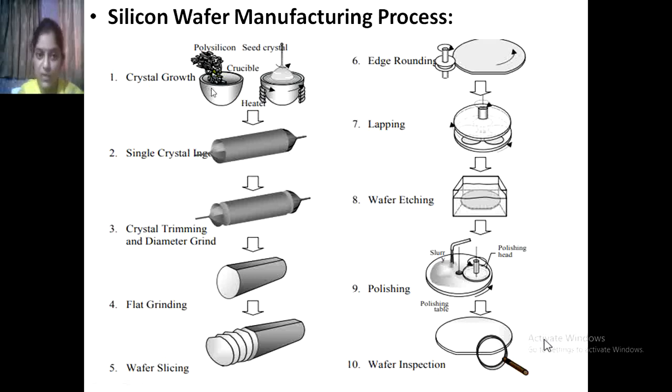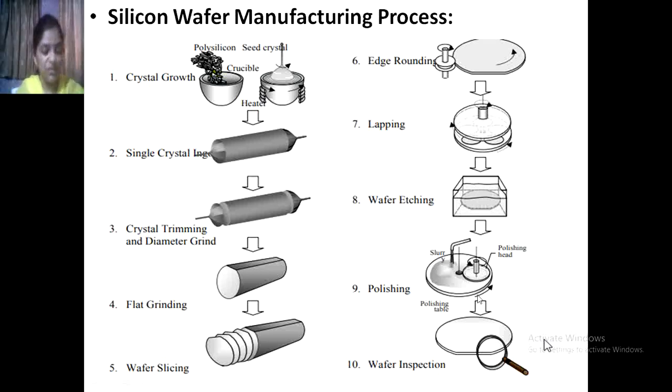First, we take the raw polysilicon seed crystal. It is heated such that the wafers are pulled out from the spindle structure. Then comes crystal trimming and diameter grinding. From that, the flat grinding is done, and then it is cut into wafer slicing. By edge rounding, we make the edges correct. Then after the lapping, the etching process is done.